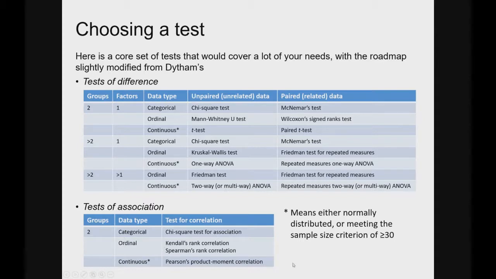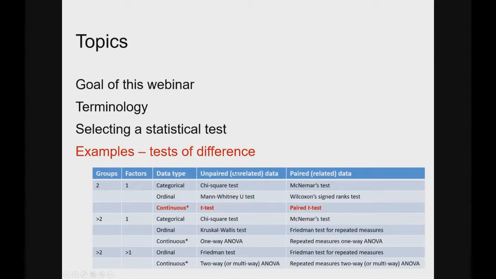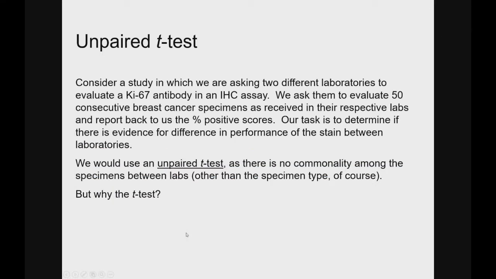And you can see if you can identify what you have and the type of data, it'll point you to the right statistical test. And these really are invaluable in terms of keeping you on the correct path. And again, for continuous, we either know we're normally distributed or we have at least 30 samples in our experiment.